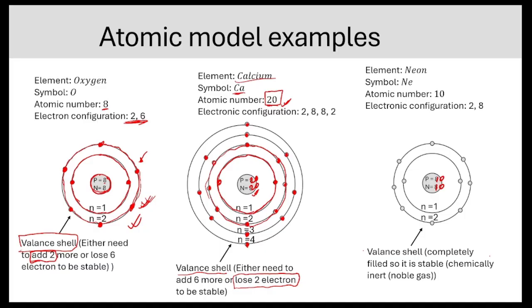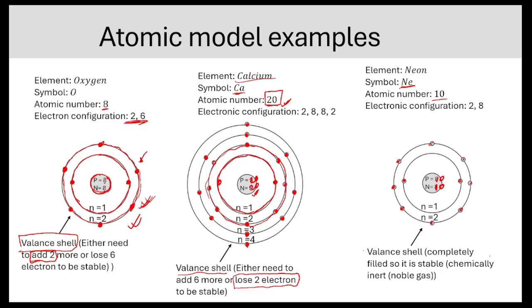Then we also have noble gases like neon, the symbol is Ne, atomic number is 10, and the number of neutrons is also 10. The first energy level can have 2 electrons, and the rest of the electrons are filled in the second energy level.